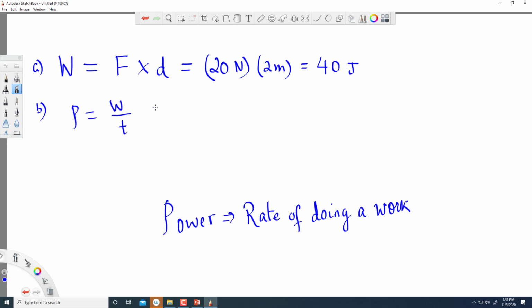Those are different ways of stating the same thing. We did 40 joules of work, and we did that work in 2 seconds. So 40 over 2 is 20 joules per second, and sometimes instead of writing joules per second, we just write watt. The unit of power is watt.